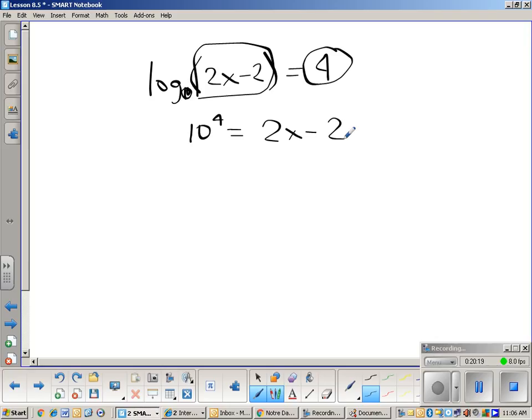If it's in log form, you take the base to this power equals this number. So in this case, 10 to the 4th equals 2x minus 2. Well, what is 10 to the 4th? 10,000.